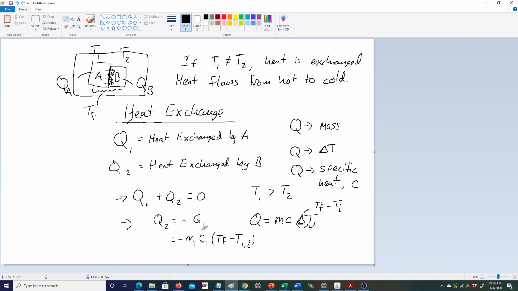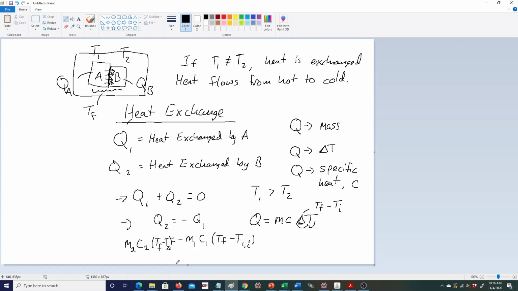And that amount of heat lost must be the amount of heat gained by the second substance, which is going to be M2 C2 times, I'll write it out like I did on the other side, TF minus T2 initial.